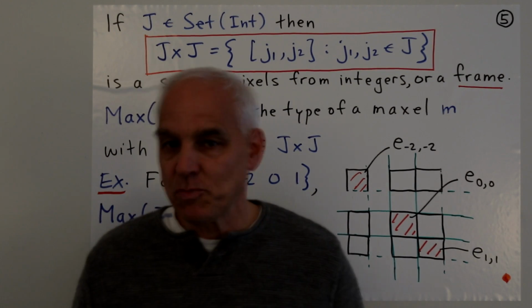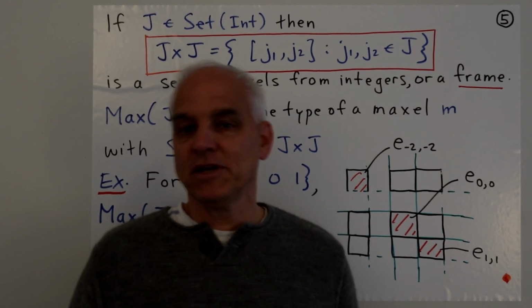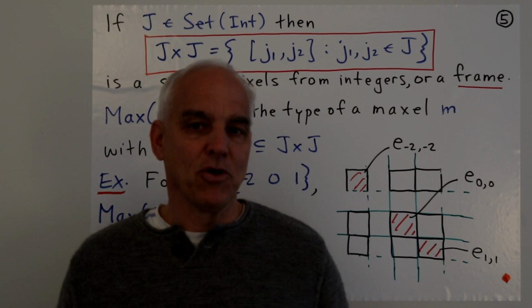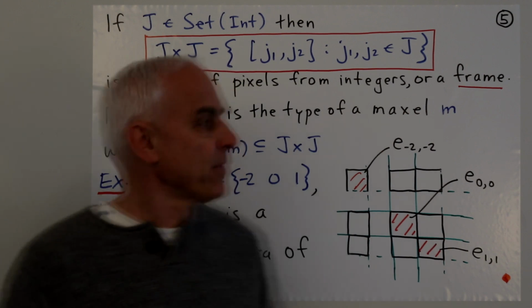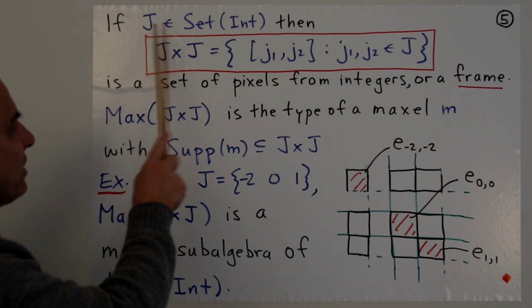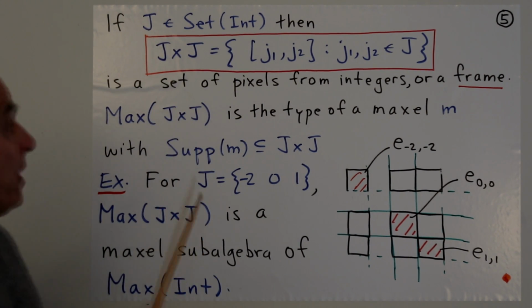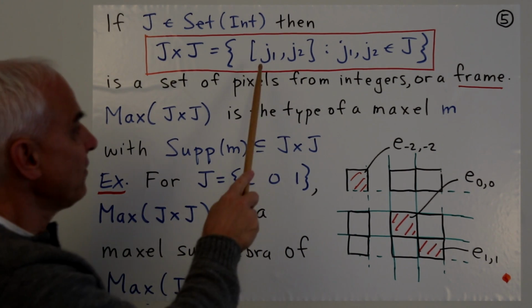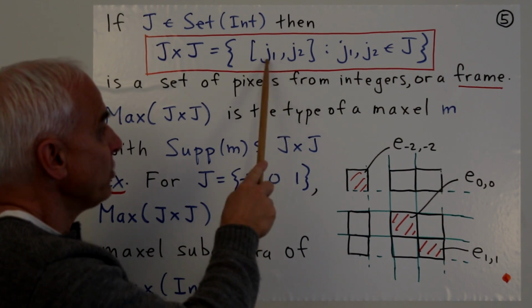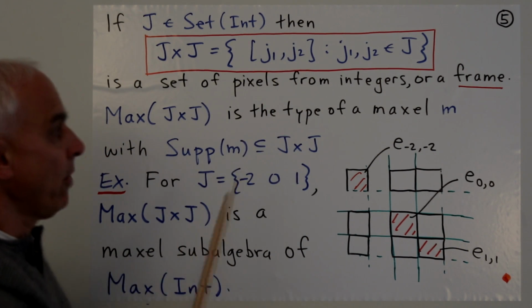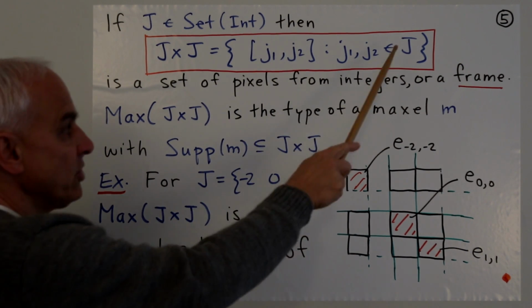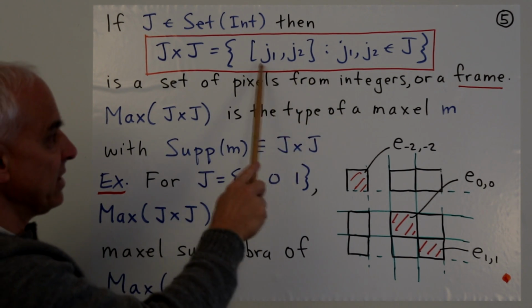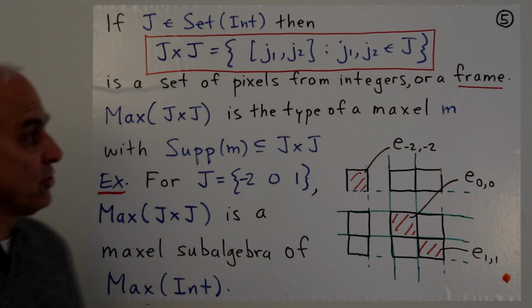So this is very much paralleling what we've done in previous videos when we talked about maxel algebra. So you might want to go back to some of those to remind you. If we have a set J, a set of integers, then we can consider J cross J. By that we mean the set of lists of the form J1, J2, where J1 and J2 belong to J. So this is a set of pixels from integers, because this is just a pixel from integers.